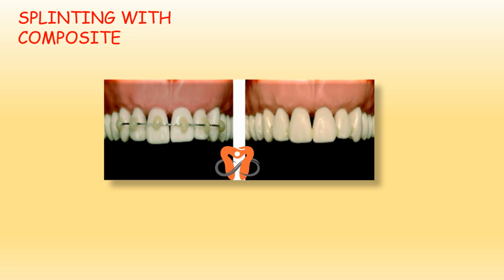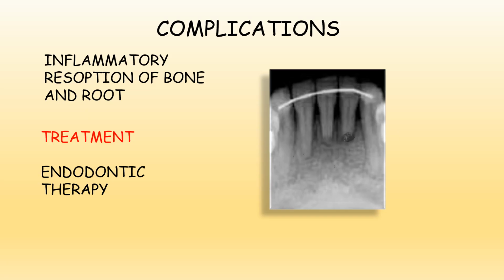Otherwise, we might have to use further controls. Complications arise if on radiographic examination we see inflammatory resorption of the bone or the root, as depicted in this X-ray. In such a situation, we have to go in for immediate endodontic therapy or root canal of the involved tooth.